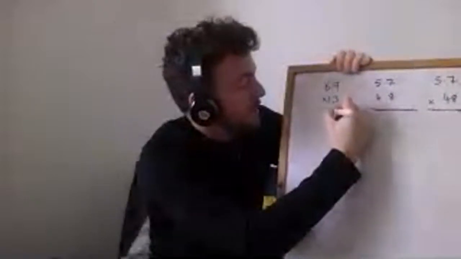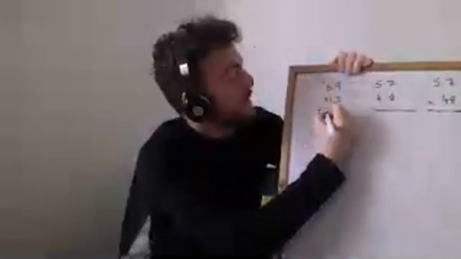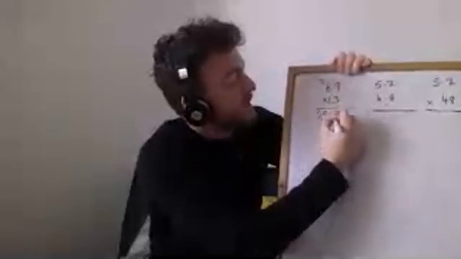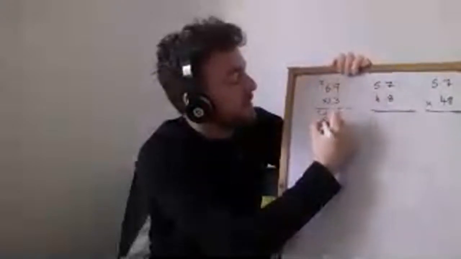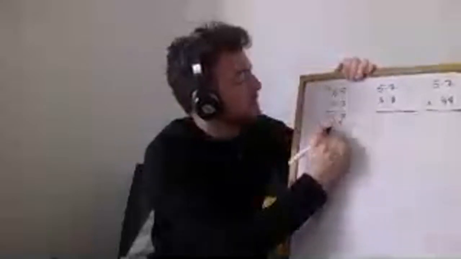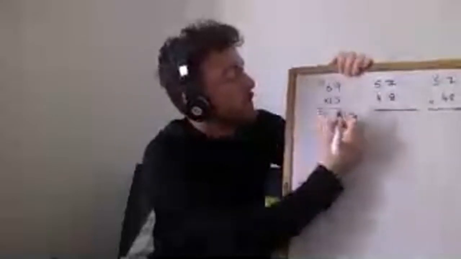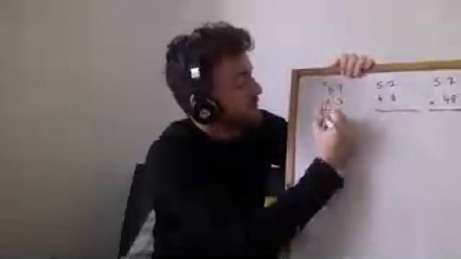So 3 times 9 is 27. 3 times 6 is 18, 2 makes 20. 1 times 9 is 9, 1 times 6 is 6. Okay. Multiplying by a tens number, 0 goes down.